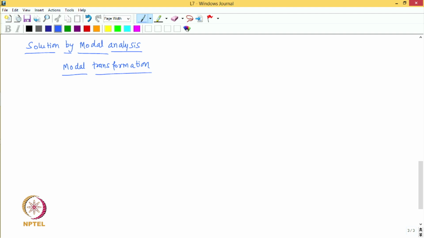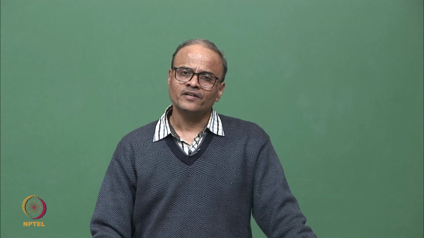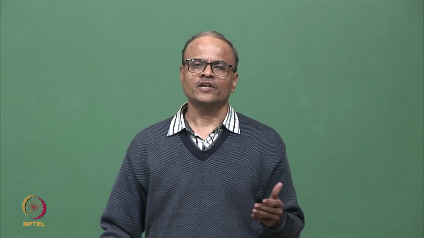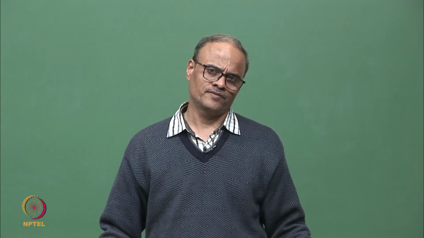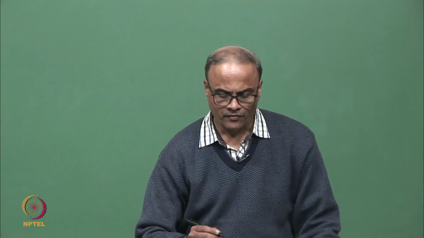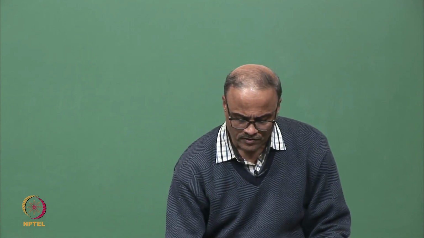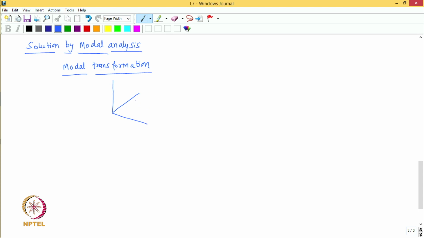Every vector in n dimensional space can be represented as a linear combination of basis vectors which span that n dimensional space. For example, let us say I have a 3-dimensional space like this, and any vector in this space, for example, if I take any vector like this, then this vector x can be represented as a linear combination of vectors which are the basis vectors.